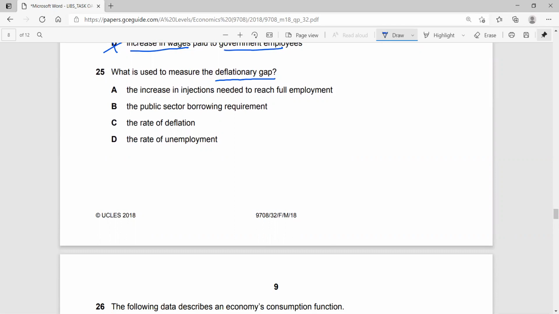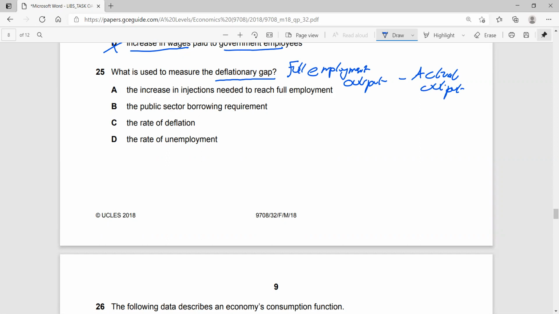So the deflationary gap essentially is the amount of output you are currently at, as opposed to what output you could produce if you had full employment. So it's like full employment output minus your actual output, or your current output.